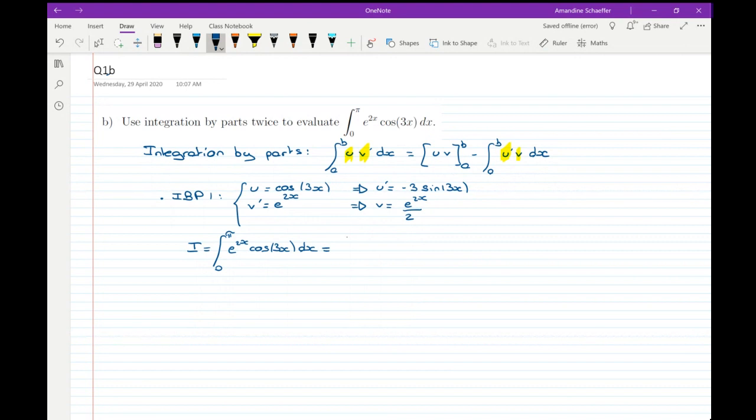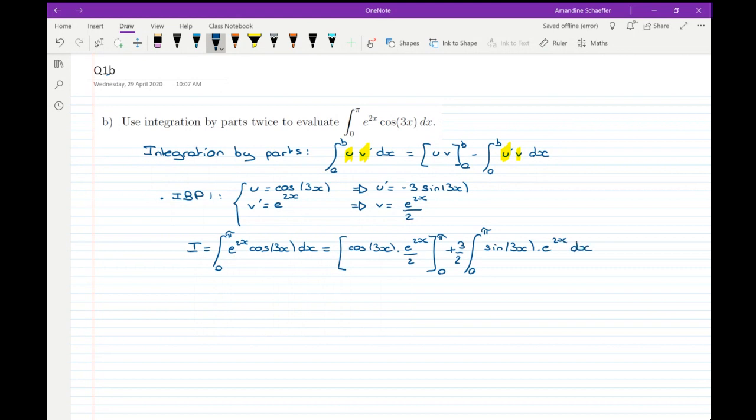So using the formula, I get U times V, so cos 3x, V is exponential x on 2, between 0 and pi, minus the integral between 0 and pi as well of U dash times V. So I'm going to put all the factors at the front. So minus minus is plus. I have 3/2 sine of 3x exponential 2x dx.